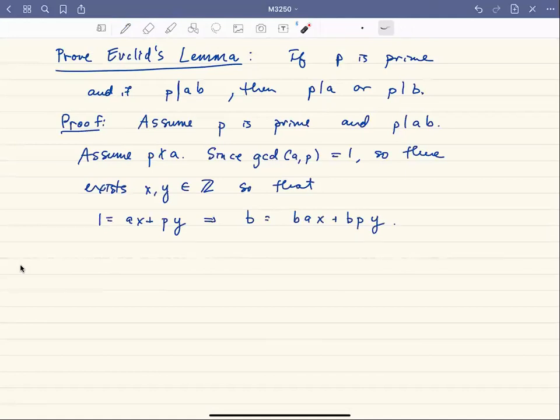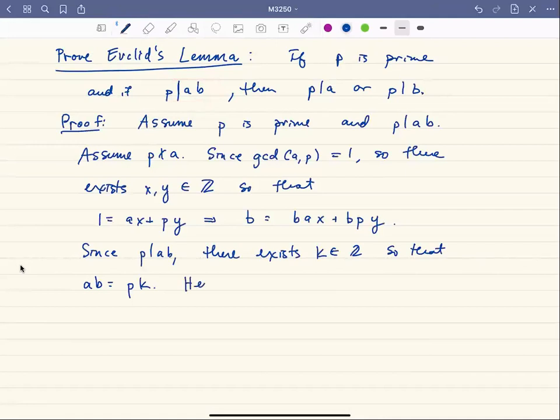We're assuming that p divides a times b. So since p divides ab, by the definition, there exists an integer k such that ab is equal to pk.